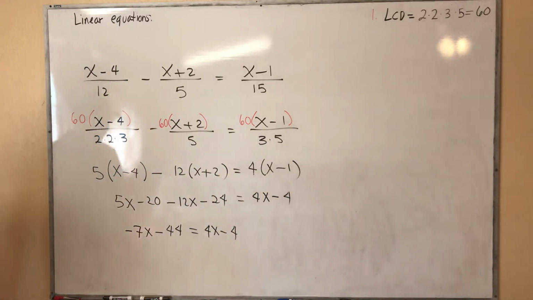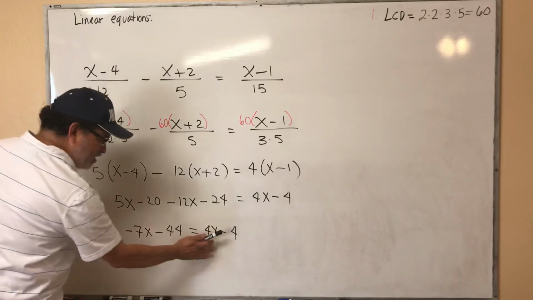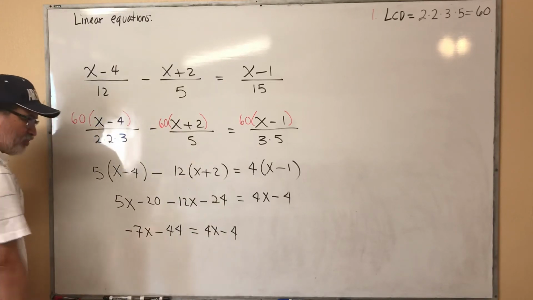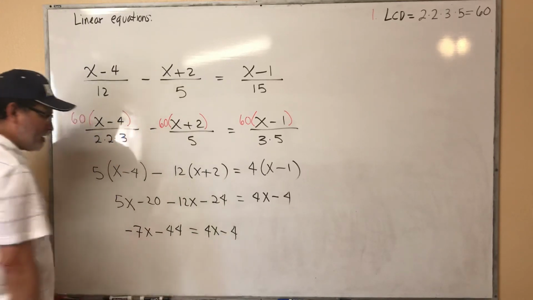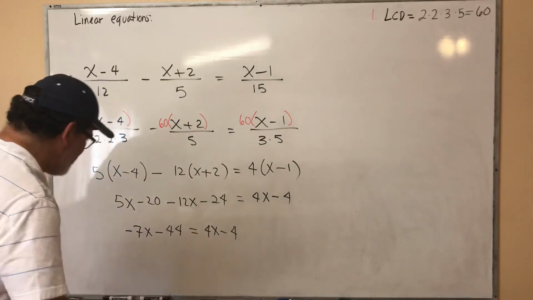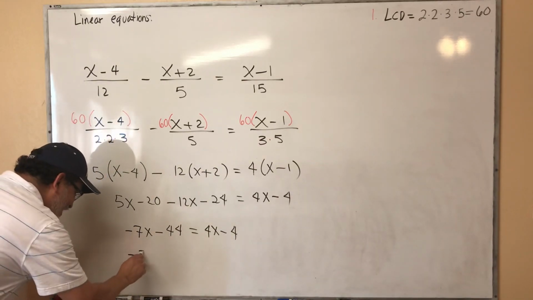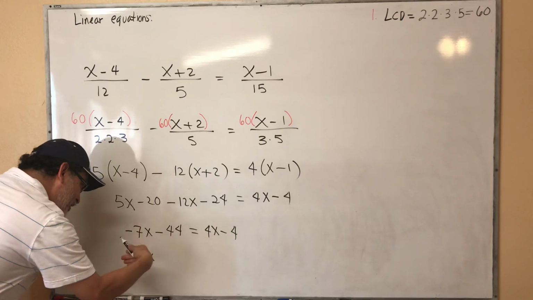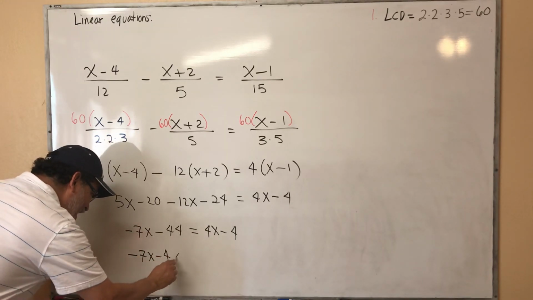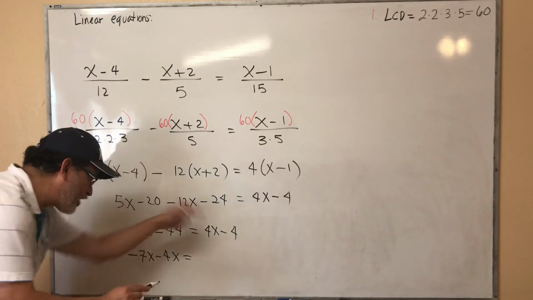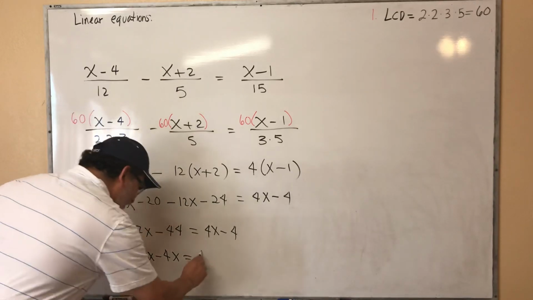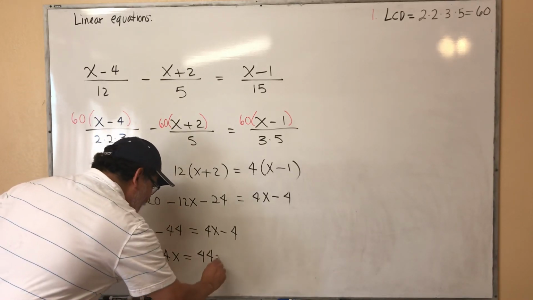Okay. Bring this 4x to the left. Bring this minus 44 to the right. So what do we get? Negative 7x minus 4x. Negative 44 plus 4.